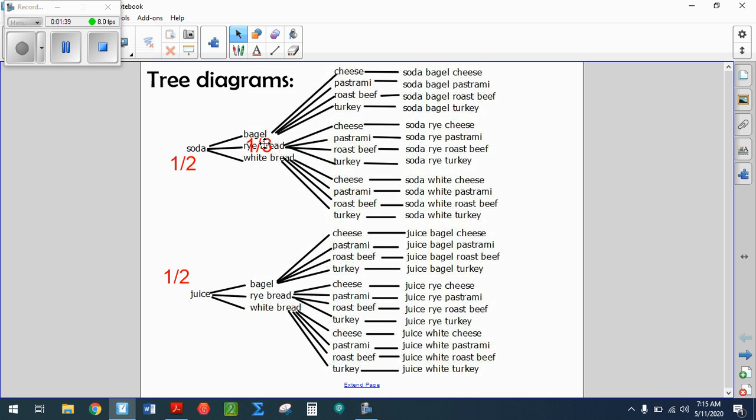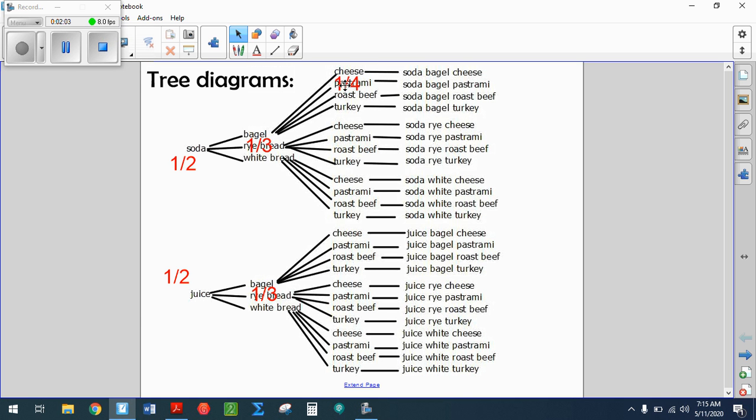So each of these is a third. Once you choose your type of bread, you have four more choices. So each of those is 1/4 likely to happen. Your 1/4 probability of choosing cheese, 1/4 choosing pastrami, 1/4 roast beef, 1/4 turkey.